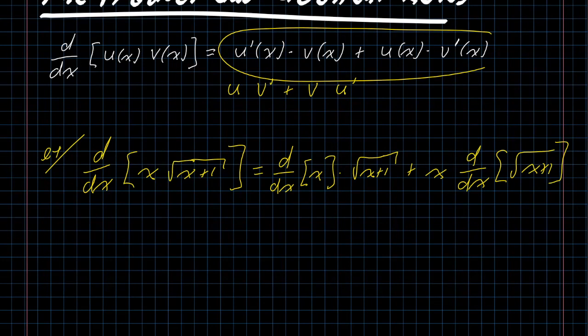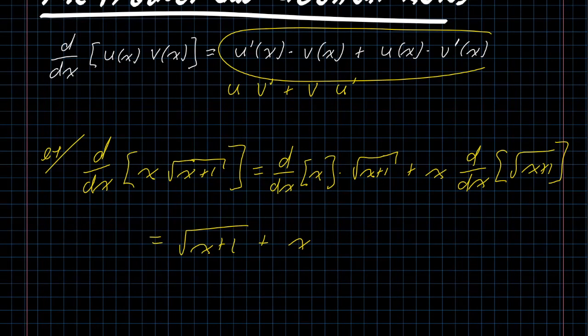Derivative of x is just 1. That's really easy. The derivative of the square root of x plus 1 is a little bit more involved. You are going to need to use the chain rule on that.